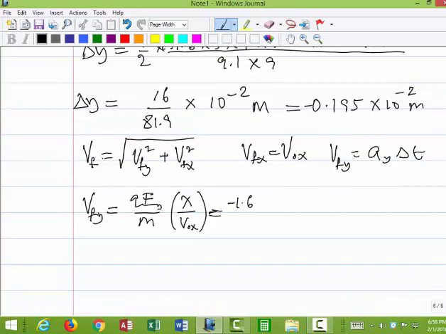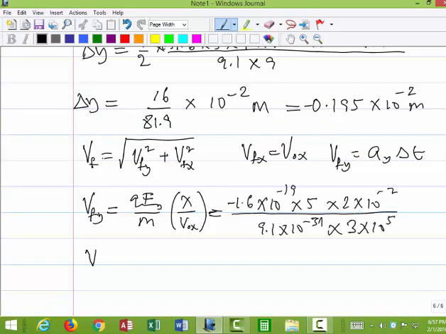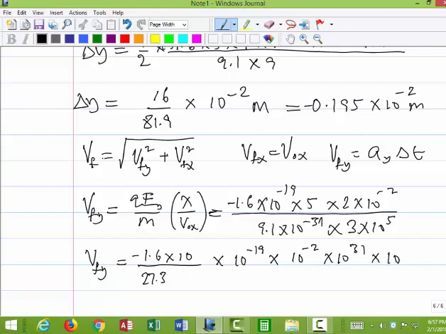The same will apply for the velocity. The velocity will be in the Y direction, so if you put a negative sign and it comes out that way, V final y can be written this way. I'll just put the terms together. 1.6 times 5 times 2 is 10. And then 9.1 times 3 is 27.3. And then we have 10 to the negative 19 times 10 to the negative 2 times 10 to the 31 times 10 to the negative 5.